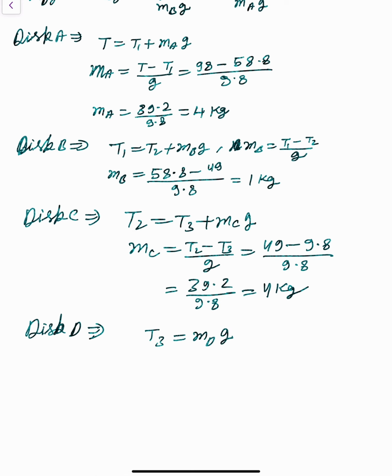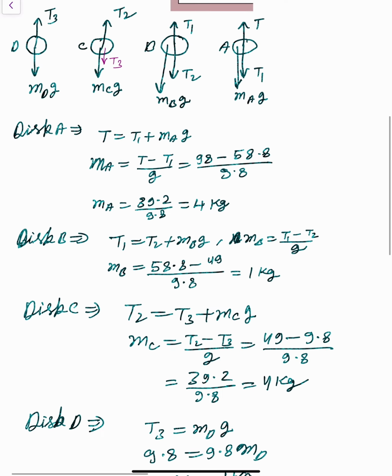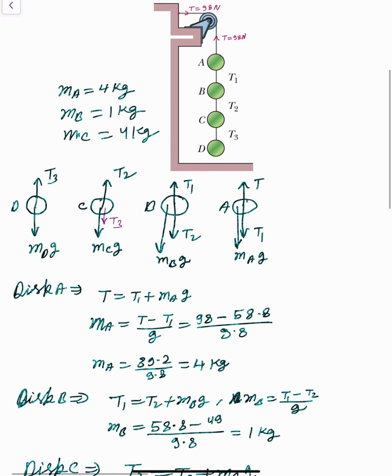T3 is simply 9.8, and here 9.8 into MD. So MD is how much? 1 kg. Clear? So MD is 1 kg. So the masses are 4 kg, 1 kg, 4 kg and 1 kg.